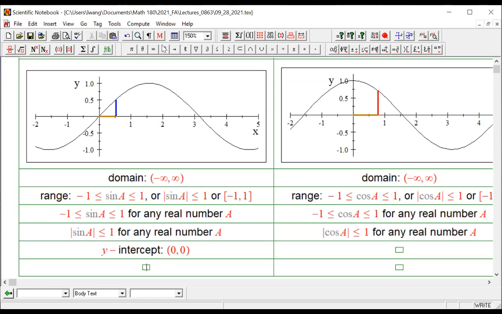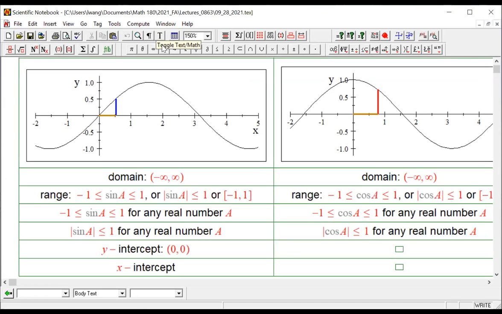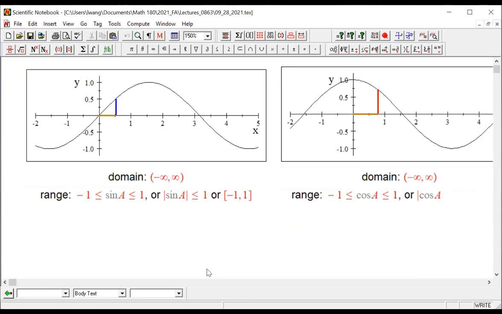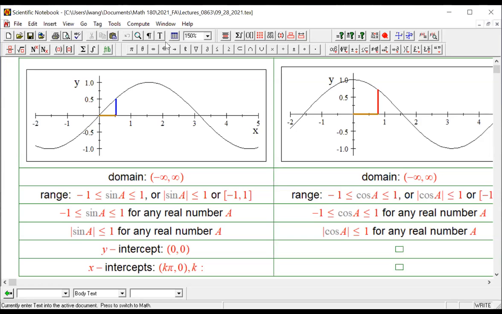How about the x-intercepts? We have plural. That would be k pi, comma 0, where k is any integer. You got it?